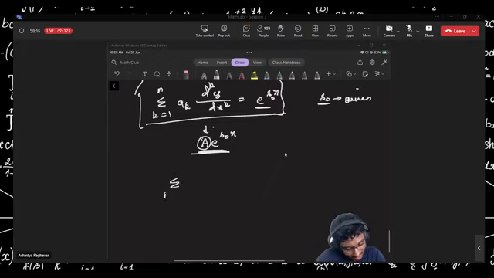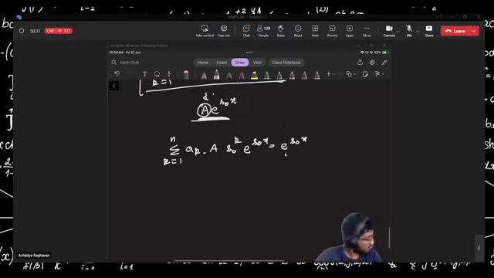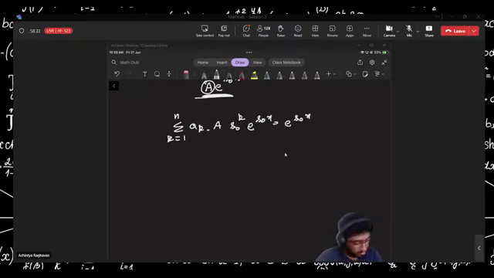And so we get the sum from k equal to 1 to n of a times the k-th derivative, k times s naught to the k, e power s naught x, equal to e power s naught x. Of course we can cancel this because it's independent of k.